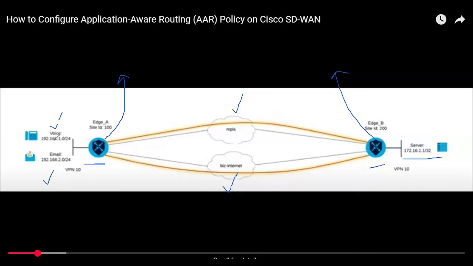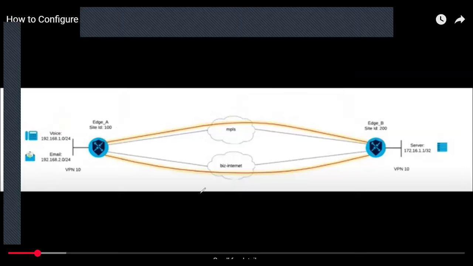So for voice transmission, we need a different set of jitter and delay, whereas email is data, it's not real-time connectivity. It would need different performance parameters, right? So on the basis of performance parameters, we will be configuring this AAR policy, right?